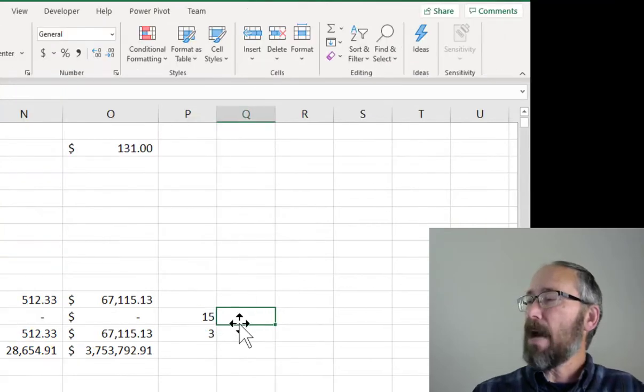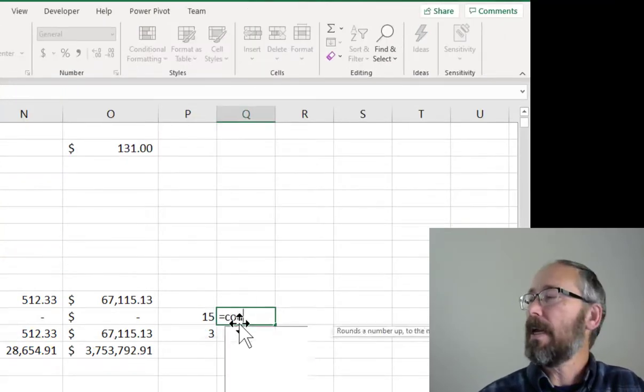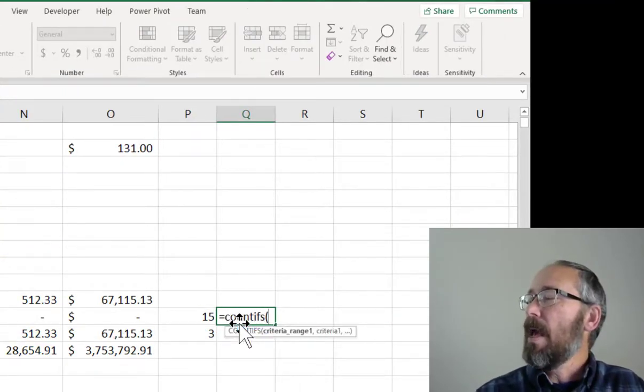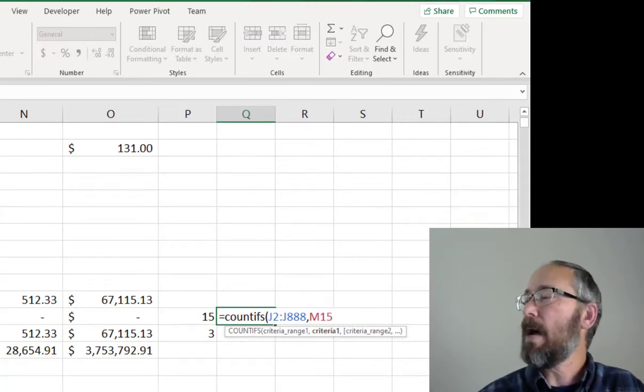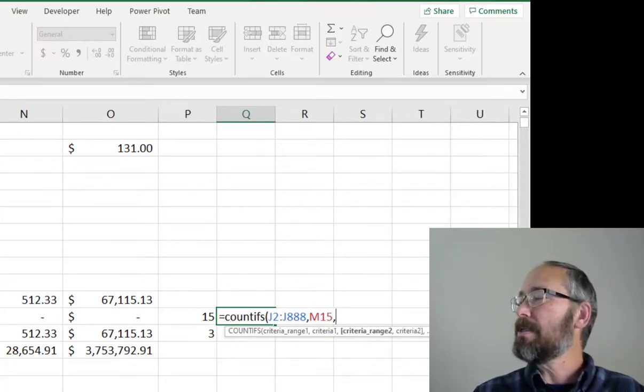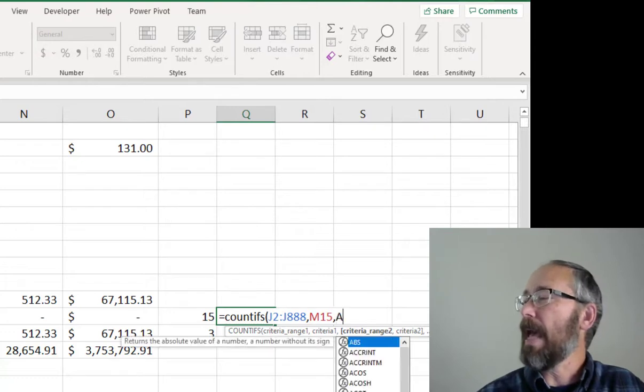So we can use a COUNTIFS. And let's see, we still want to know, one criteria is, of course, they paid this amount. But the other criteria is the survived, and that's actually in the A column.